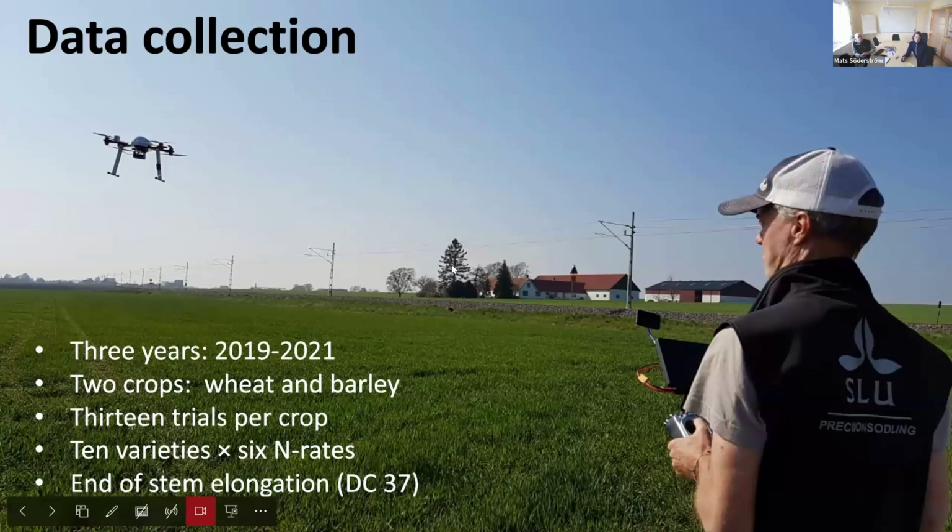So what did we do? We went ahead and collected data in field trials, for 3 years and in 2 crops, winter wheat and spring barley, 13 trials per crop over the 3 years. These trials were nitrogen fertilization trials with 6 nitrogen rates and 10 different varieties. The data we used and will present here is from stem elongation.